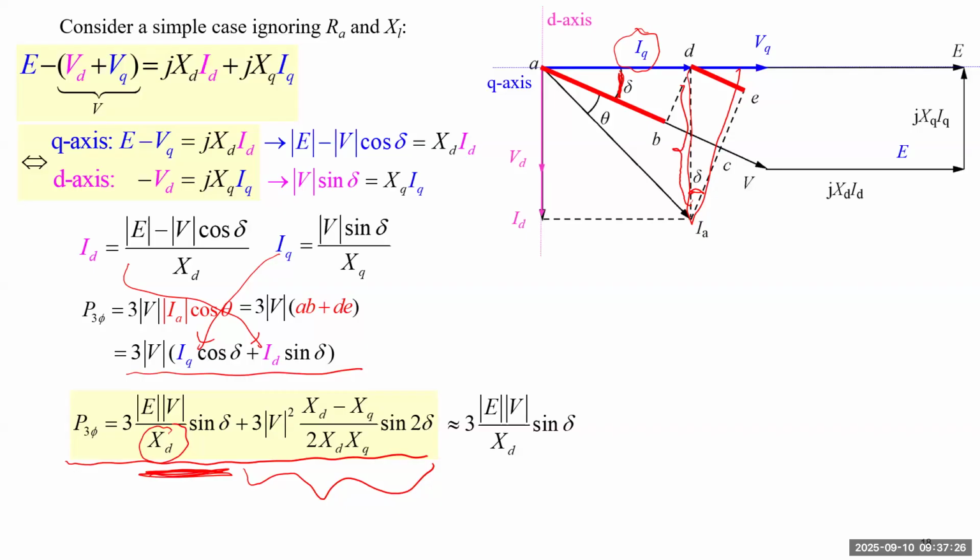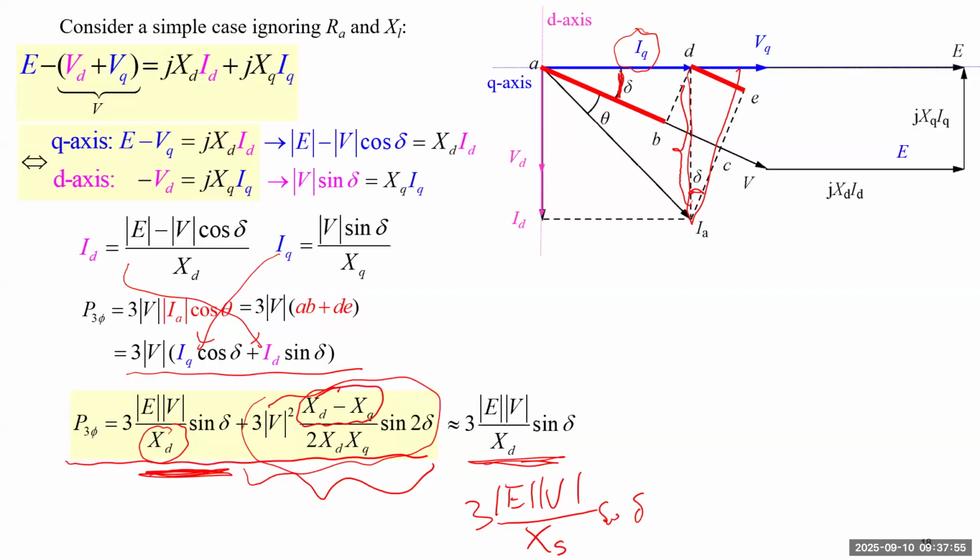If we ignore the second item, this will be similar to the round rotor generator formula, where we call it the synchronous reactance. Here we replace the single reactance with XD. Definitely there will be a second item, but it can be very small if XD and XQ are very close. So we can ignore the second item and use this one to approximately calculate the power.